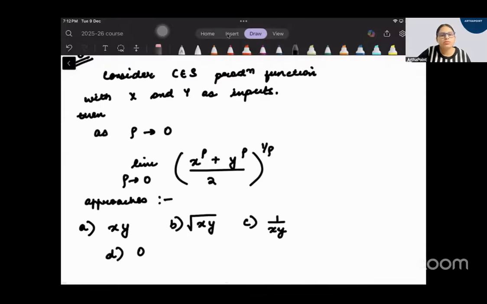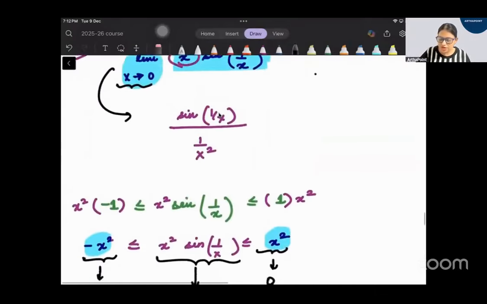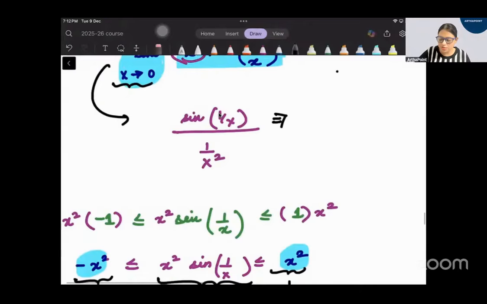Give it a try. Yes. So you can just differentiate numerator and denominator separately. Differentiation of sine is cos.